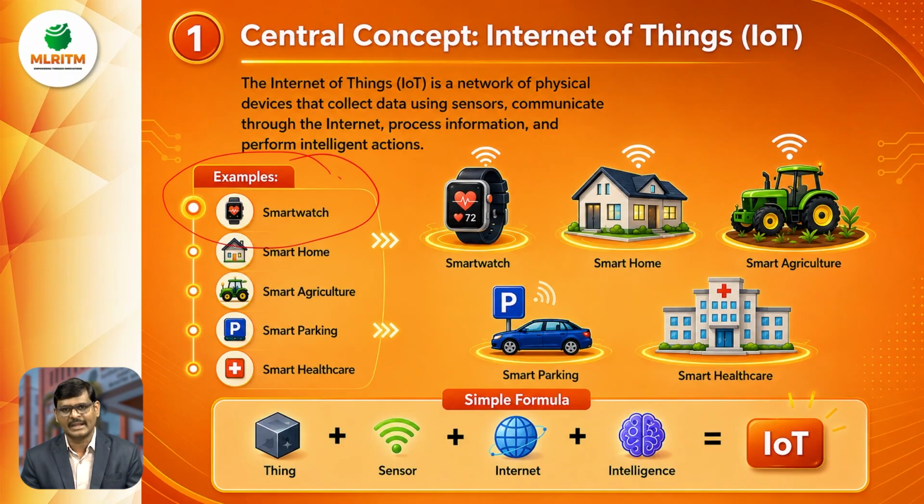From the cloud, it analyzes the previous data and returns an alert to our mobile or our smartwatch again. So in a simple way, you can say that things plus sensors plus internet plus intelligence is called IoT.